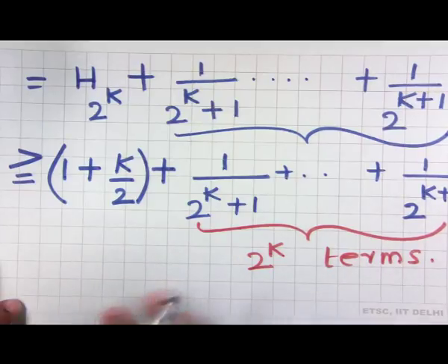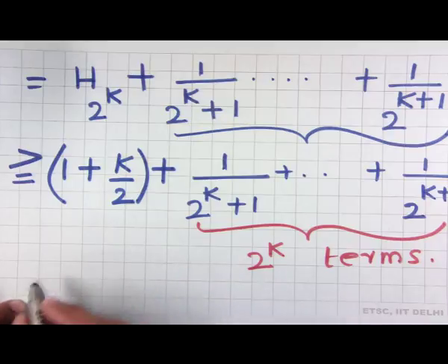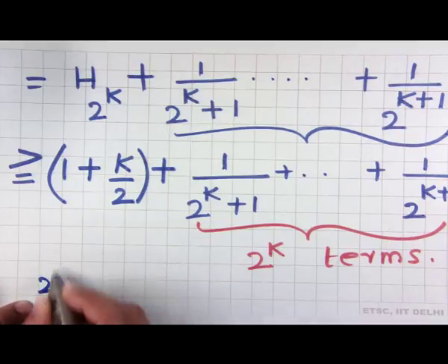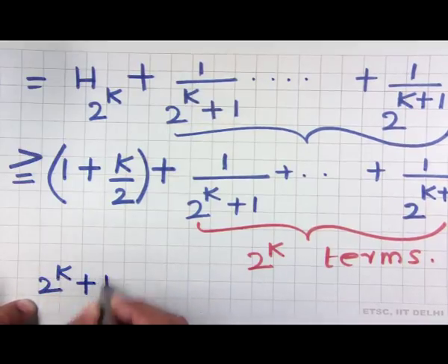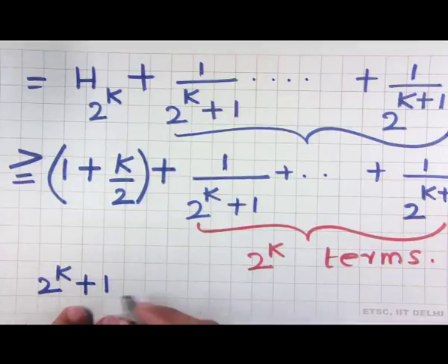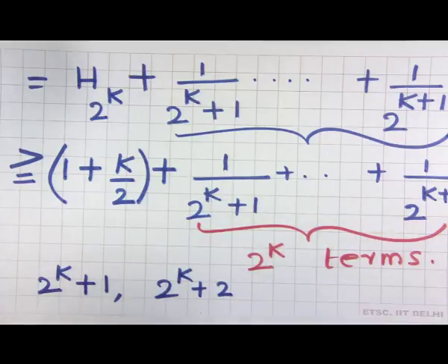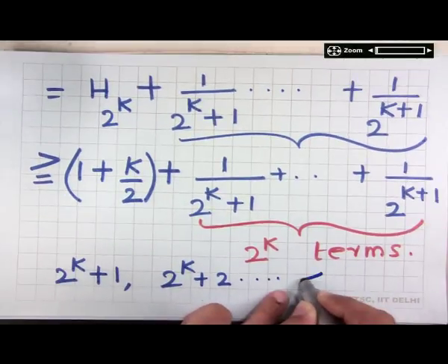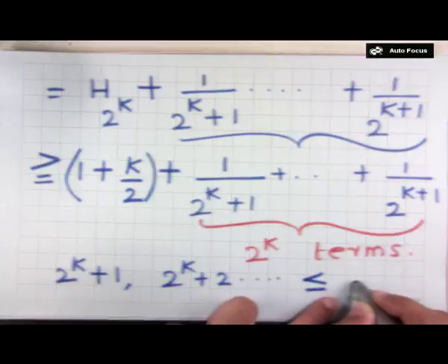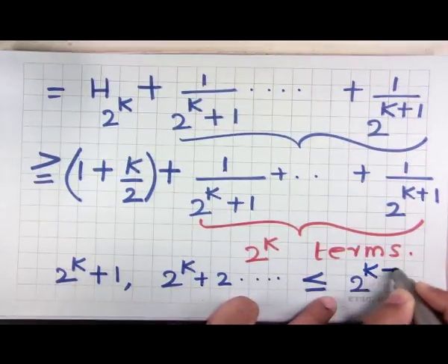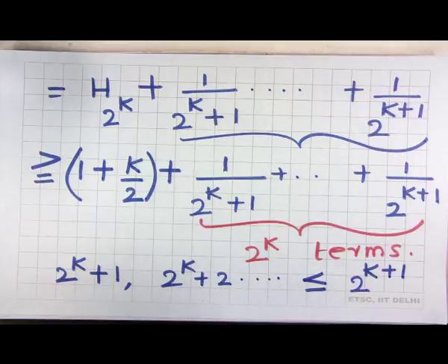Now, see that 2 power k plus 1, the denominator, 2 power k plus 2, the denominator appearing in one term, etc., is less than or equal to 2 power k plus 1. Do you see it?